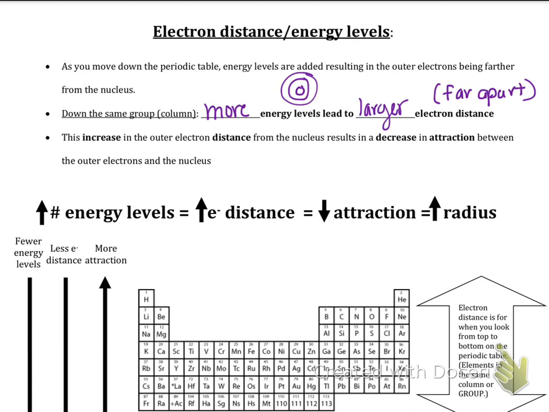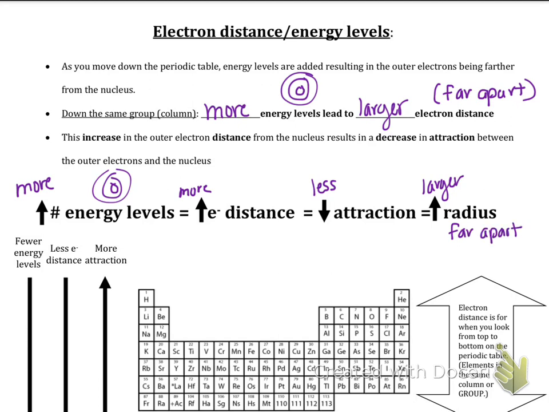So let's summarize this idea. The more energy levels that we have, remember these rings, the further the distance. If they're out of sight, out of mind, a long distance relationship between protons and electrons, they're going to be less attracted to each other. They can't see each other, so they don't really love each other anymore, because the distance, the radius, is very, very large, meaning that they are very far apart.